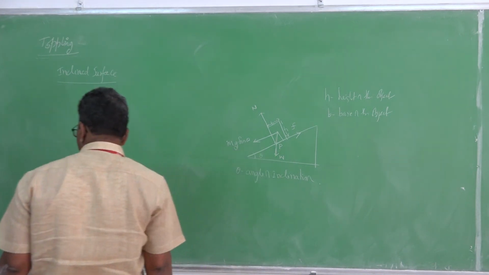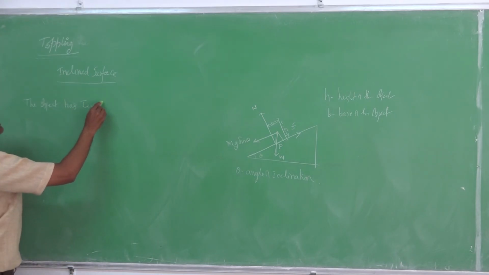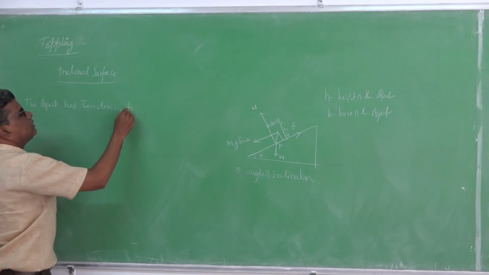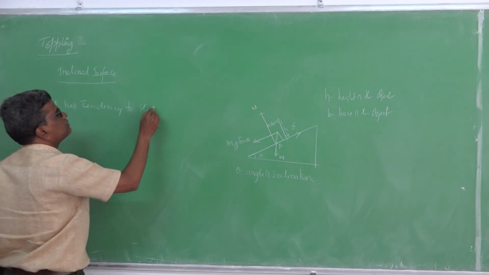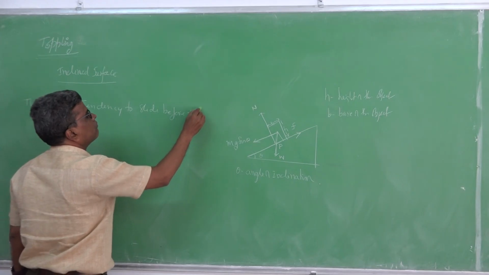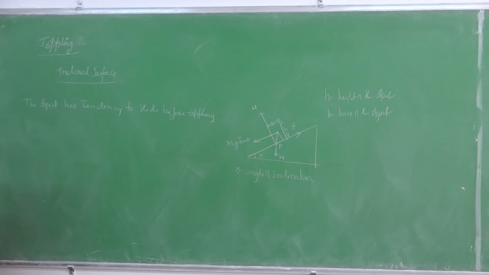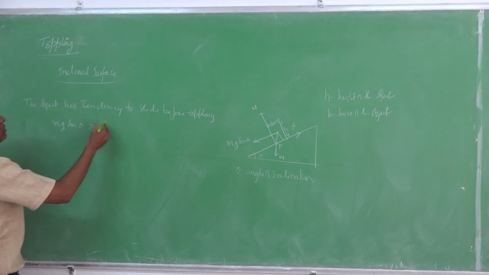The object has a tendency to slide before toppling. Before toppling, mg sin theta should be greater than or equal to the frictional force.